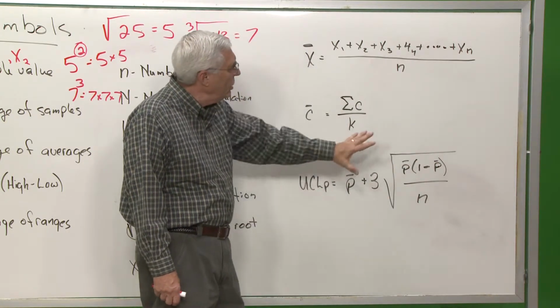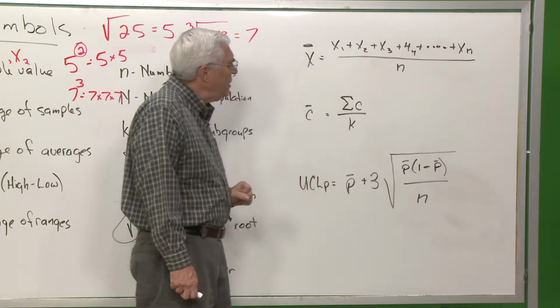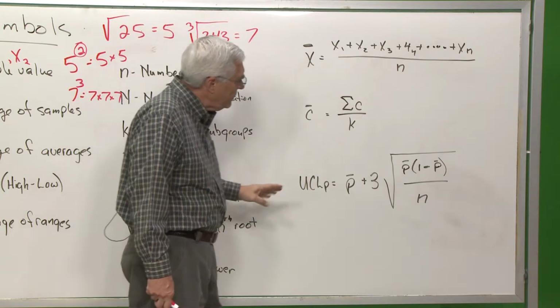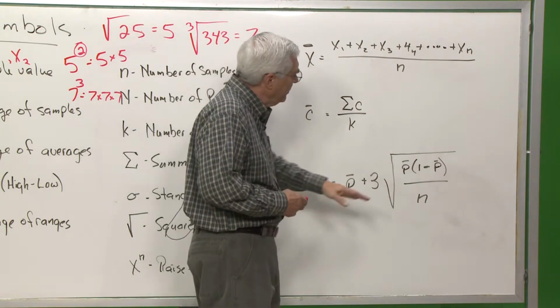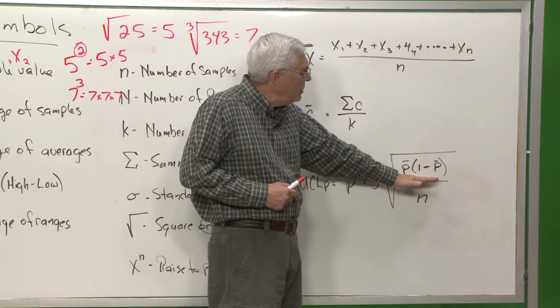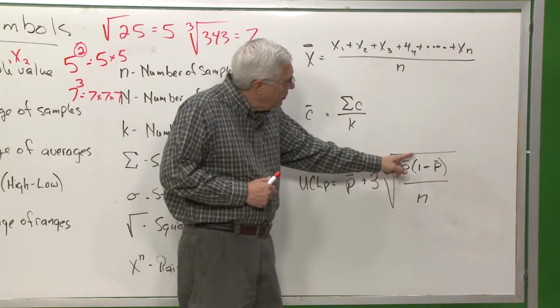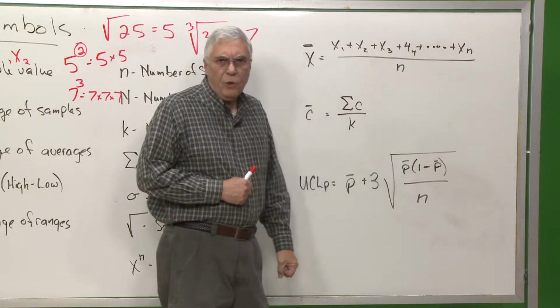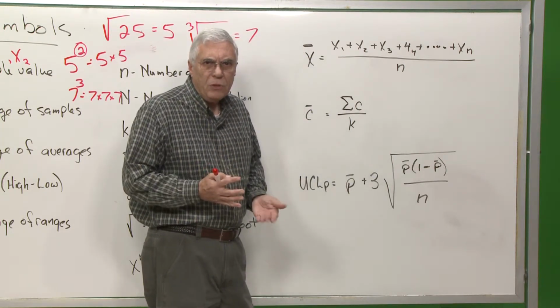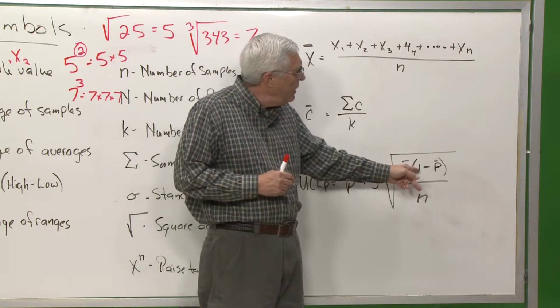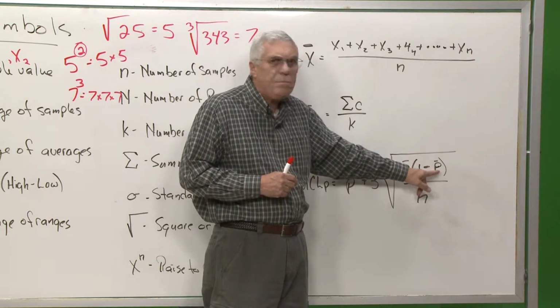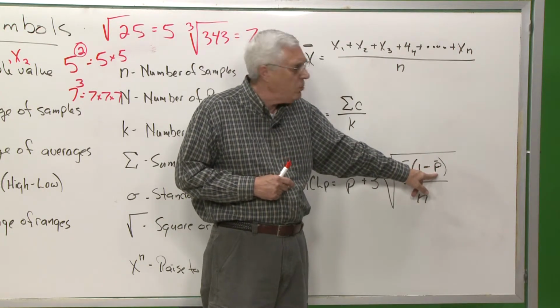So let's just take a look at this equation and see what we would do. Because of the rules of math, we're going to solve the numerator portion of the fraction first. The parentheses represent a subgroup that must be calculated first. So we're going to take the value of 1 and we're going to reduce it by whatever that p-bar value is that was calculated earlier.